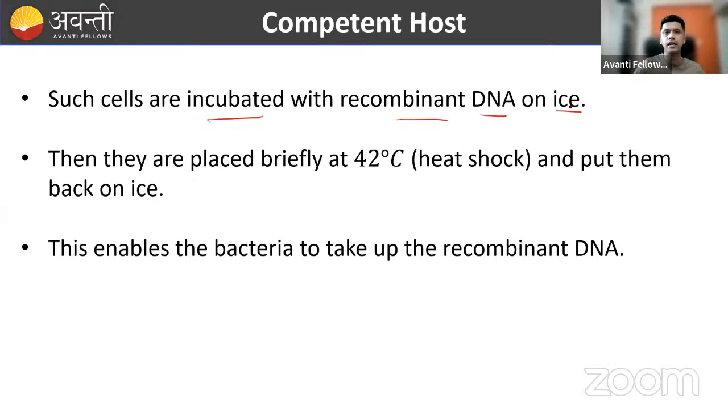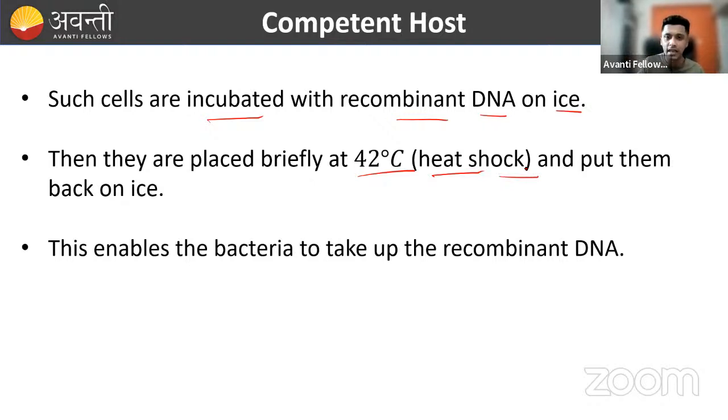Once we place these cells on ice, next we briefly place these cells at 42 degrees Celsius. First we are cooling the cells and then immediately transferring them to heat, 42 degrees Celsius. This creates a very rapid change in temperature, which leads to what is called heat shock in cells.